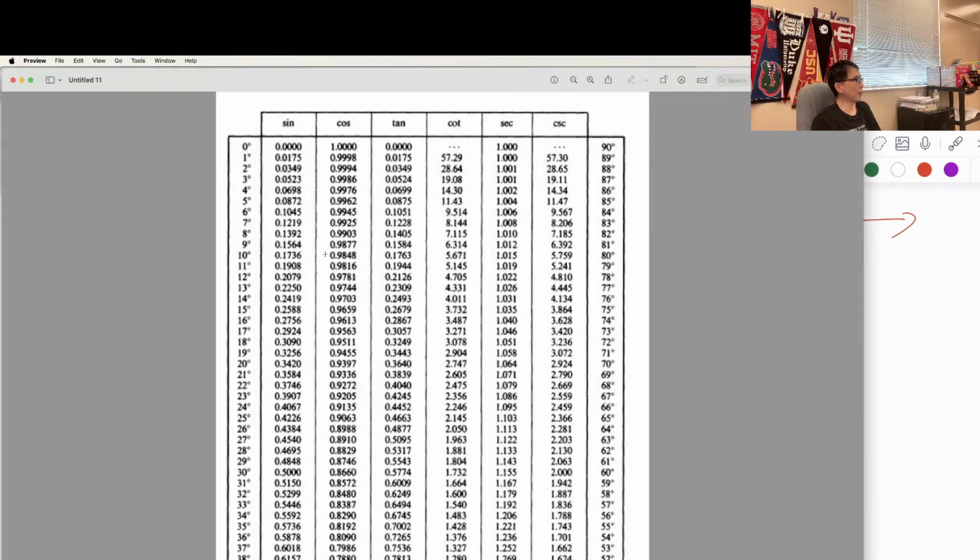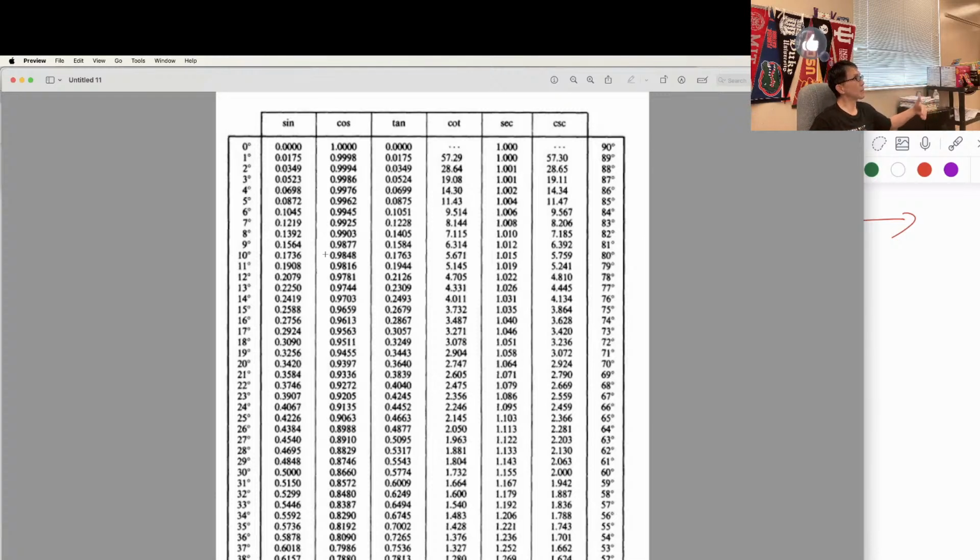Exactly, it's not on the chart. Why? Because 200 degrees is in the third quadrant. Your y is going to give you a negative value because it is below the x-axis. So the value given to you for the sine of 20 degrees, 0.3420, is correct, but that's only for sine of 20 degrees. You are looking for sine of 200 degrees, which is 20 degrees below 180.